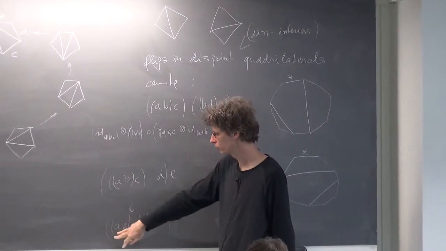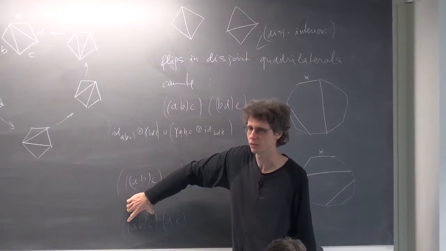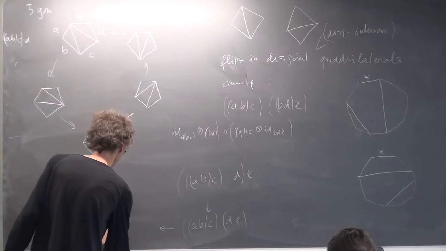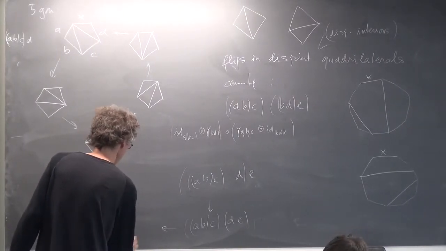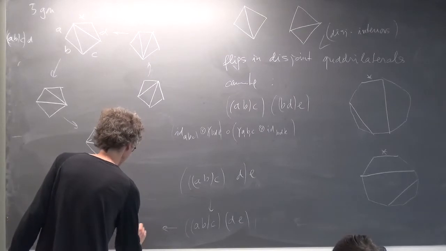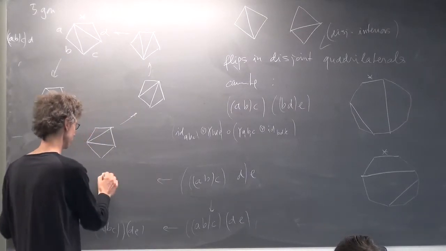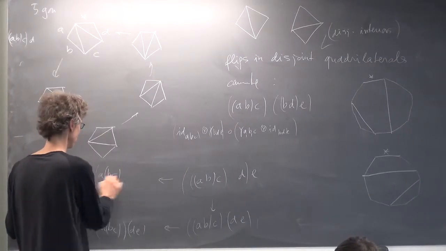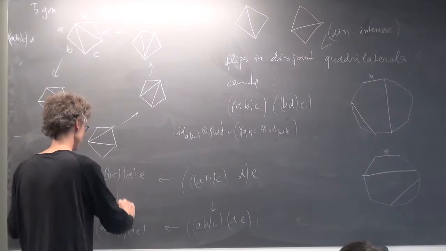But then what we can do, we can reparenthesize that inner group. So we can do something like A, B, C, and D, E. Or we can first reparenthesize the inner group A, B, C, D, E, and finally go here.